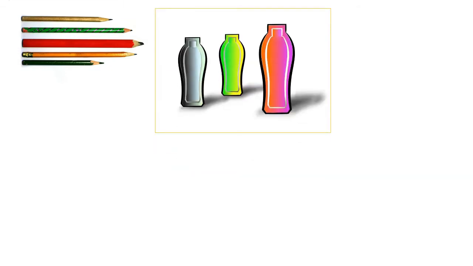If you see these bottles, you will find that these bottles are of different capacity. Suppose you are coming to school, you will carry a bottle which has 1 liter or 2 liter capacity.